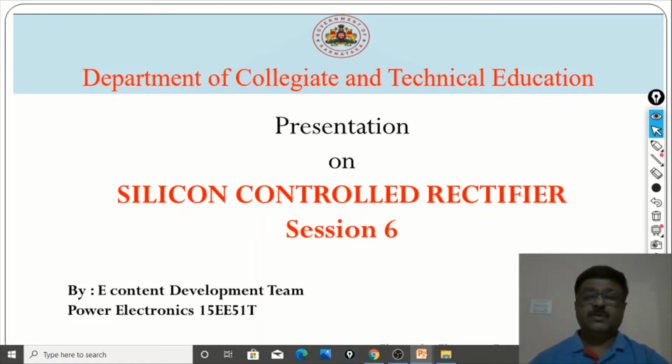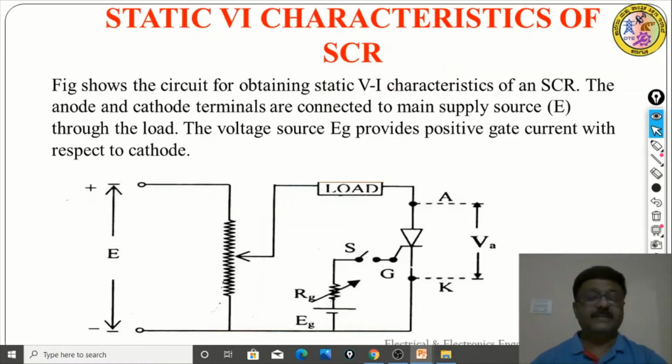In order to plot the VI characteristics of the SCR, we should have some circuit. This is the circuit we have to connect. In this circuit you can see we are using a DC source, and it is connected to the SCR through a load.